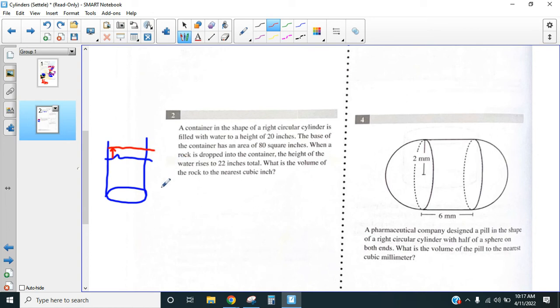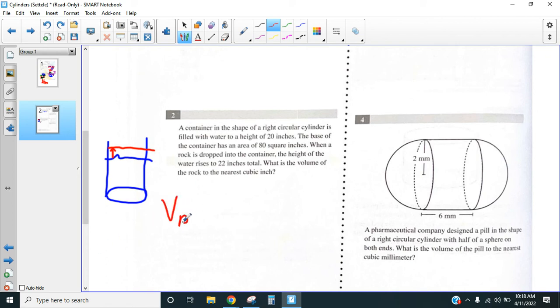What doesn't change? The area of the base, right? That doesn't change. The only thing that changes is the height, right? So what we need here is, what is the volume of the rock? Well, the change in volumes is only because of dropping the rock in the water, right? So in order to answer this question, you need to think about this.